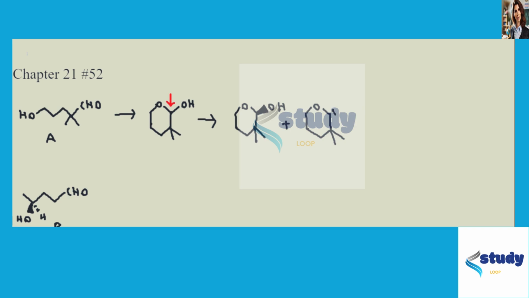Okay, and so these are going to be formed equally. So this is an equal mixture of enantiomers or a racemic, however you prefer to say it, racemic mixture.